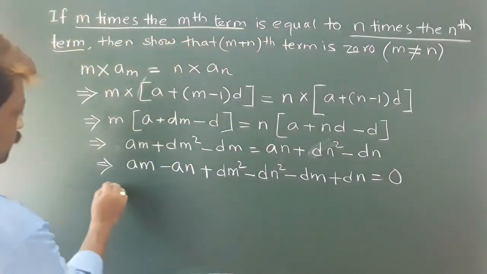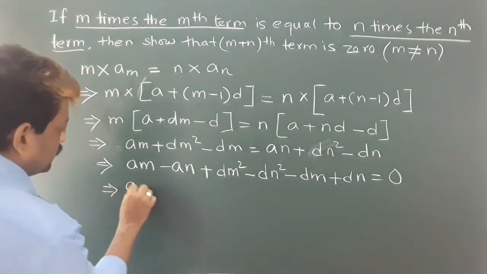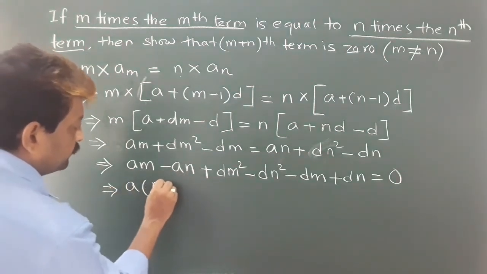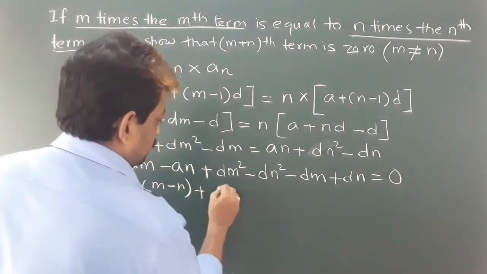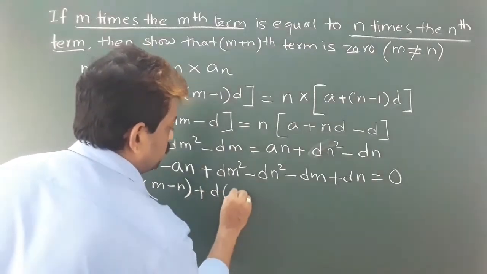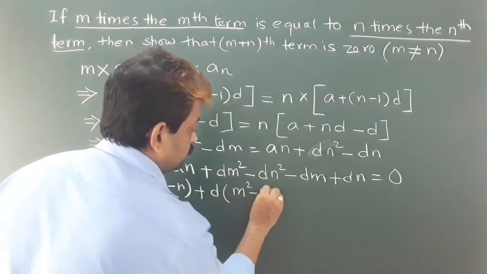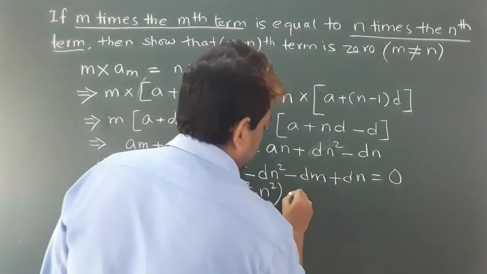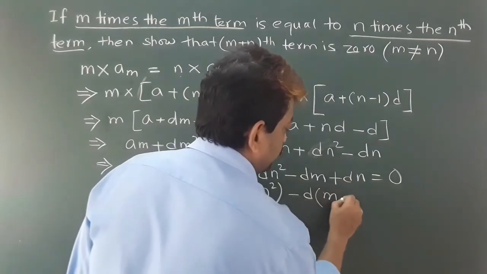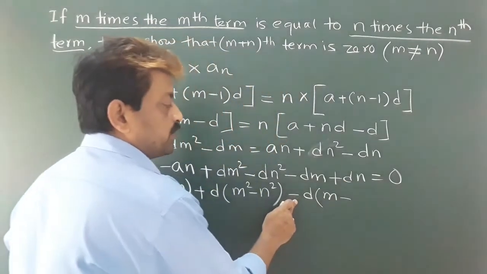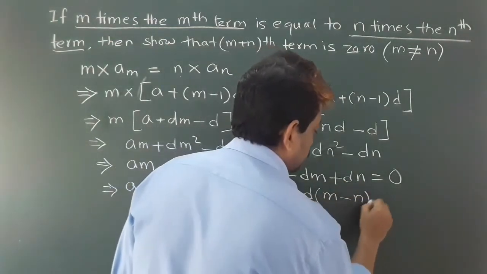Okay, so this is: m minus n is common, plus here d is common, so it will be m square minus n square, and here also d is common, so it will be m, this plus will become minus, as I have taken the minus sign outside, n equal to 0.